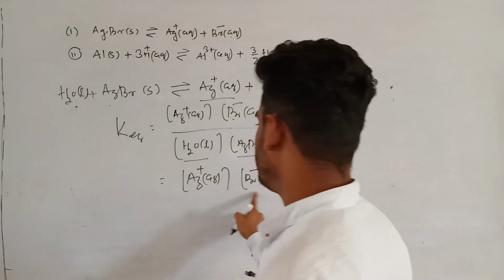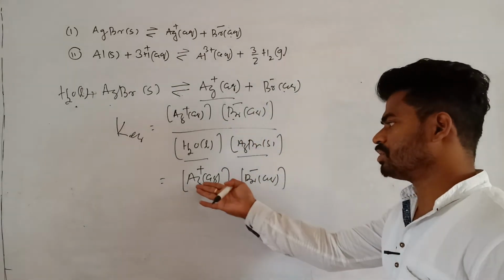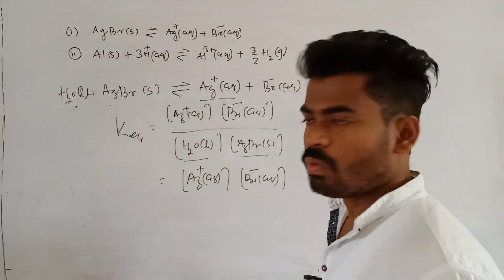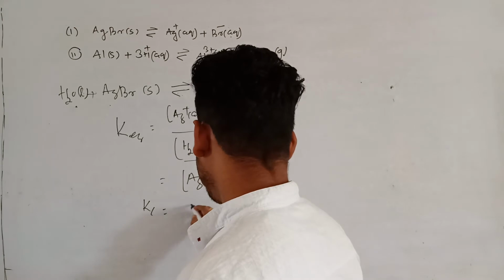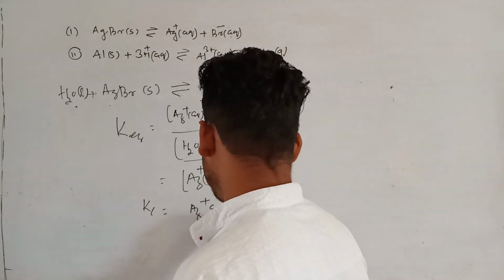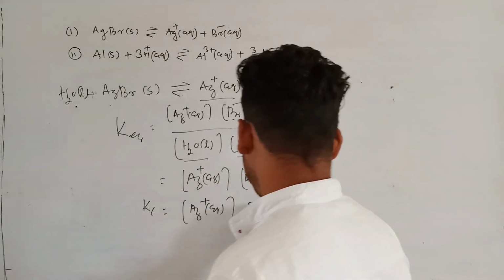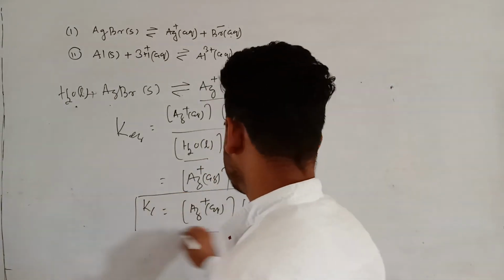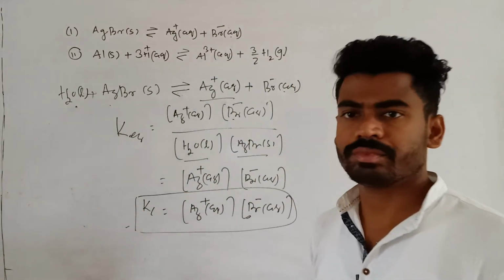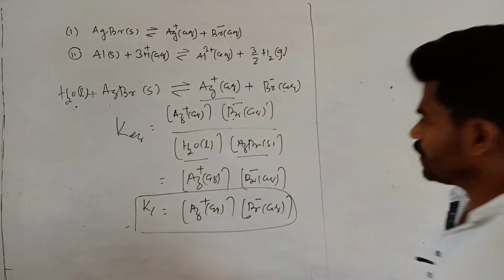These two are not pure liquids, because the silver ion is dissolved in water. So the value of Kc simply can be written as Ag plus aqueous times Br minus aqueous. Clear?